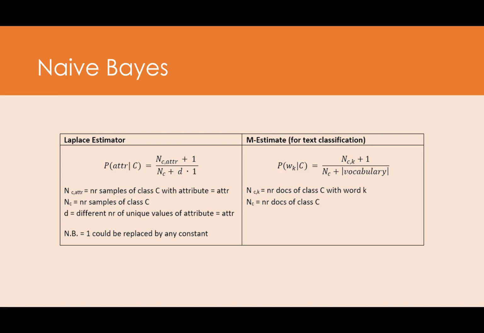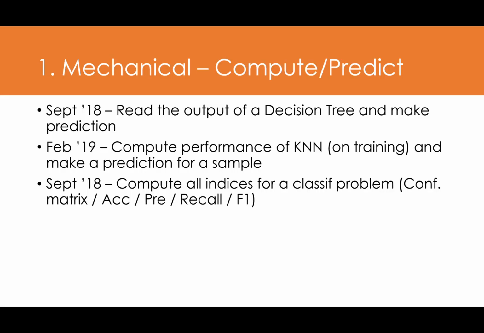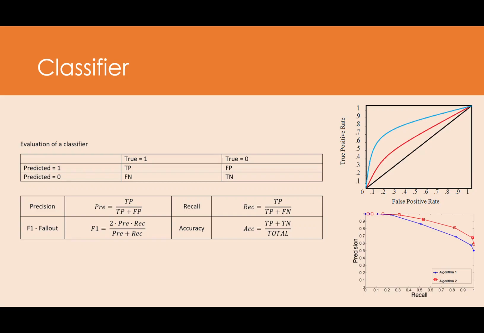The m-estimate is the formula for the text classifier, and with the naive Bayes as well. Another exercise is about computing indices and reading the outputs, or computing the performance of KNN, something like that.